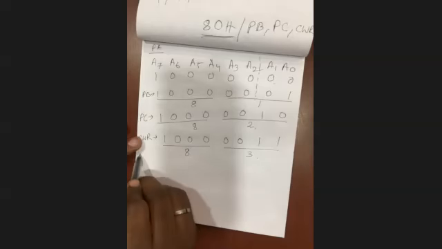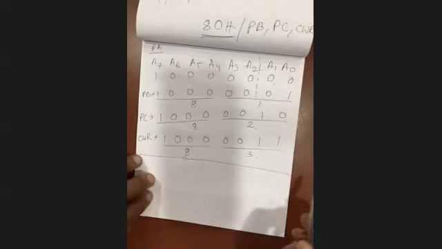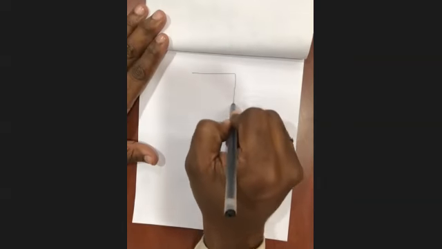Next, we should draw a diagram. The diagram will be drawn on the next page. So, the diagram of 8255 interfacing with 8085. First, draw a diagram of 8255.